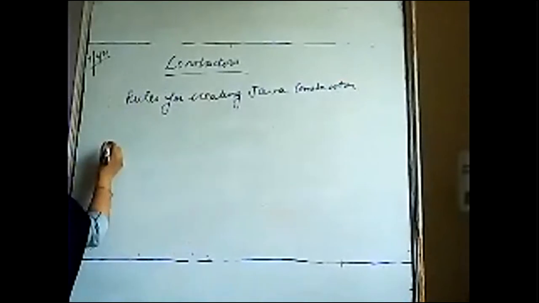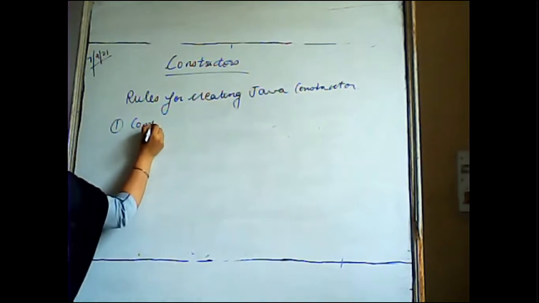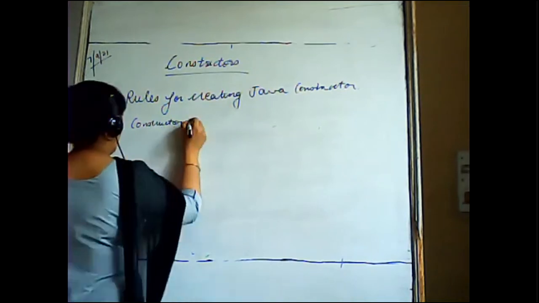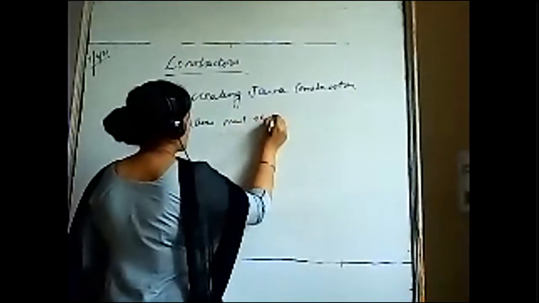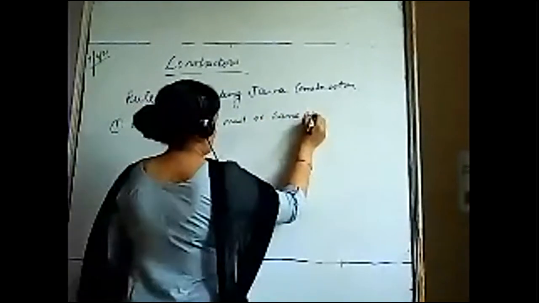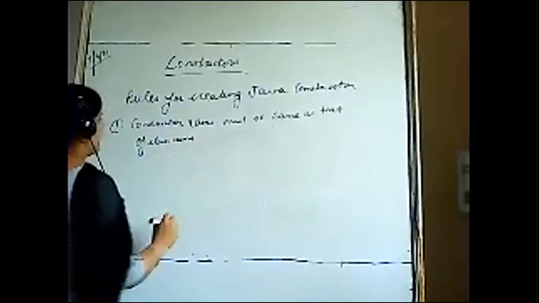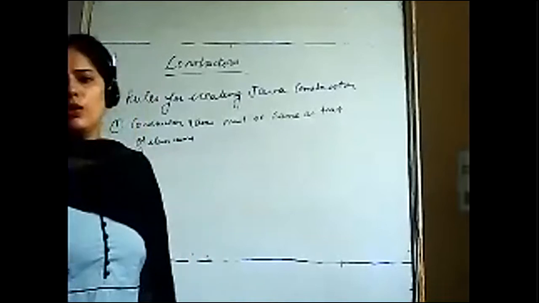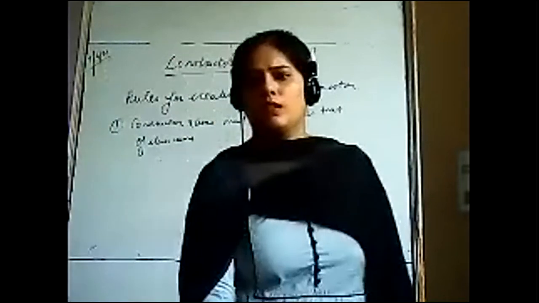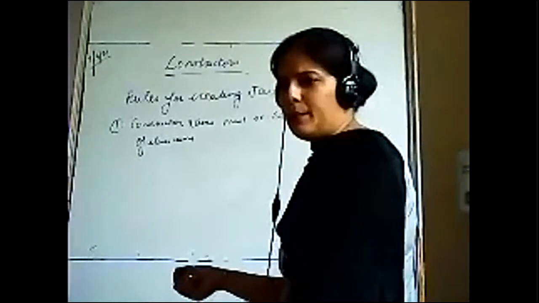The first rule is that the constructor name must be the same as that of the class. We can say that a constructor name must be the same as the class name.